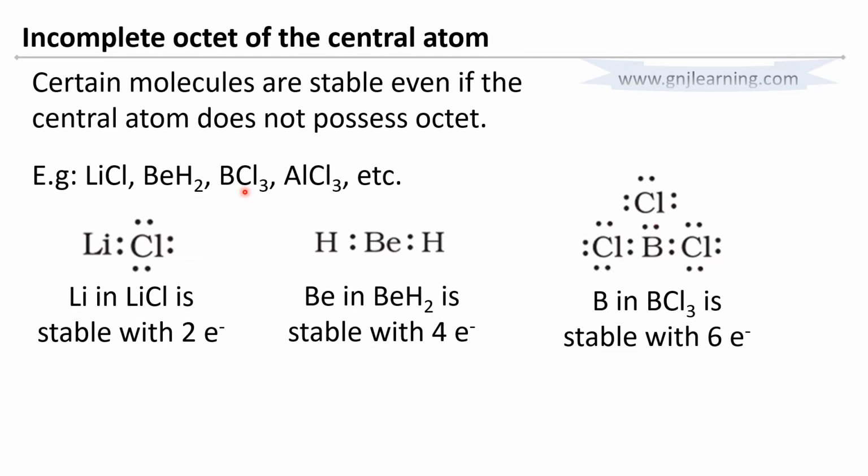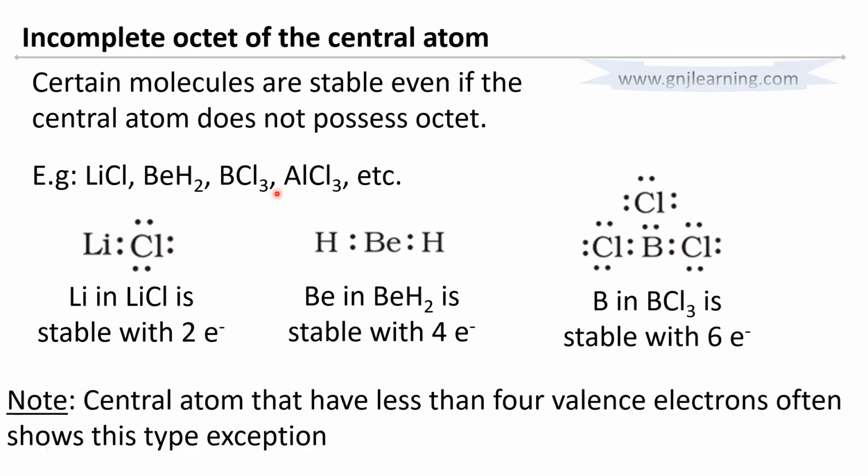One thing we can notice is that whenever the central atom has less than 4 valence electrons, often they will show this exemption. What is the exemption? Incomplete octet of the central atom. So the name of this limitation, or exemption, is incomplete octet of the central atom.